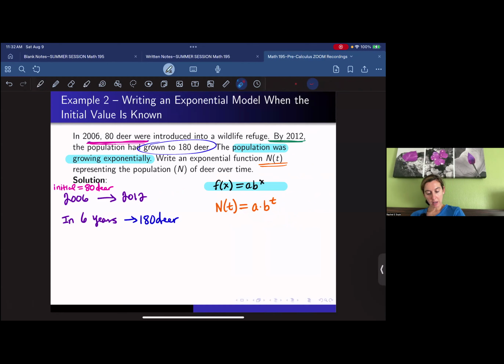Okay. And yeah, so now let's put everything together. Again, our initial stands for our a, which is 80. And we have our time there. That was 0 years in, right?